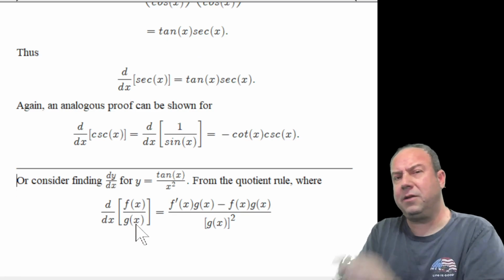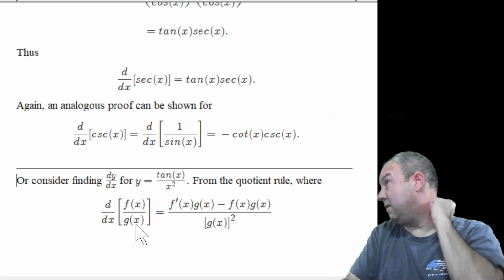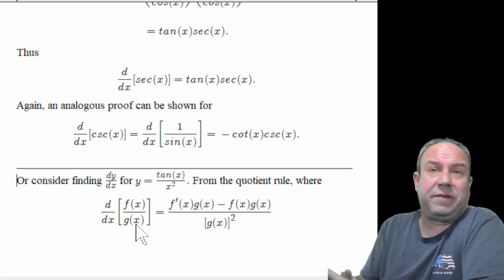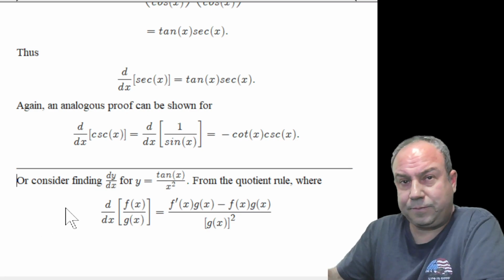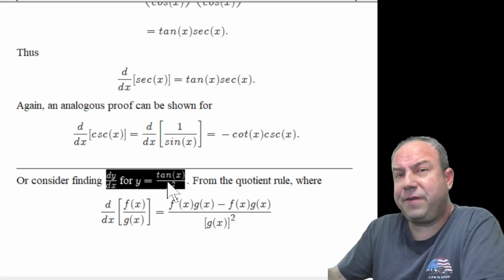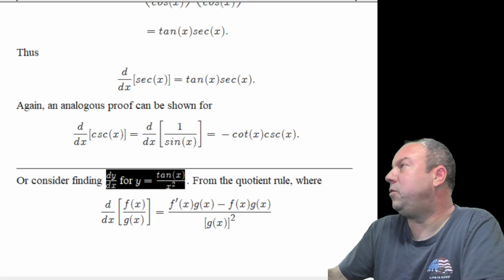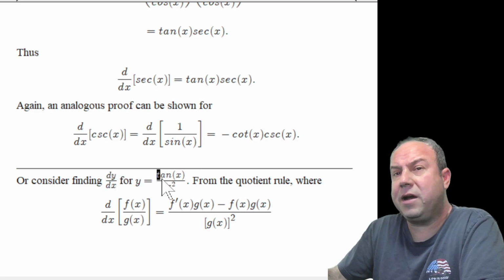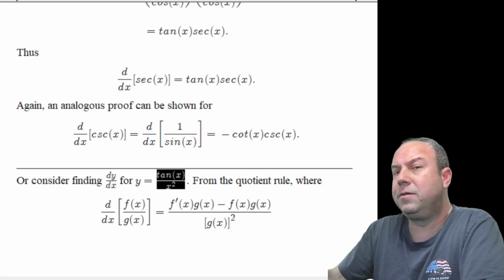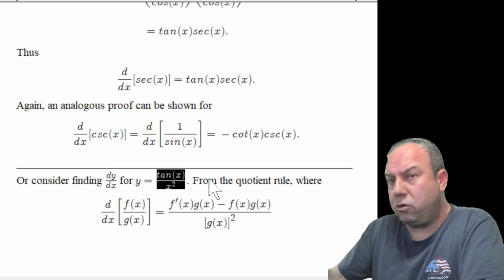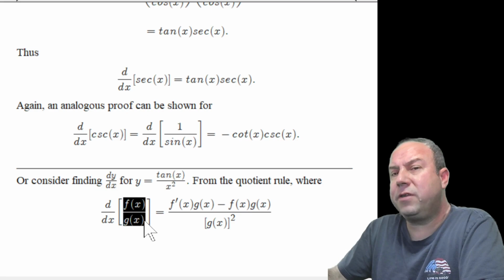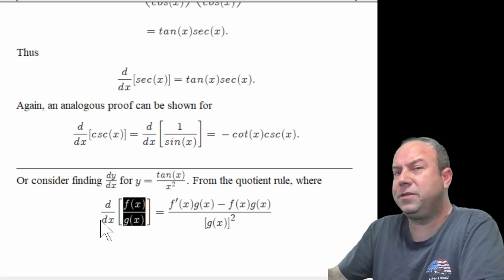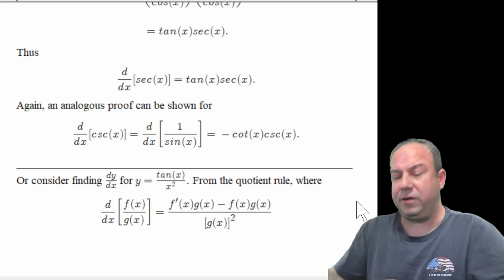Now, we might look at an example involving the tangent of x. Consider finding dy dx for y equal to the tangent of x divided by x squared. Well, from quotient rule, we do have the quotient of two functions when we consider this derivative with respect to x.